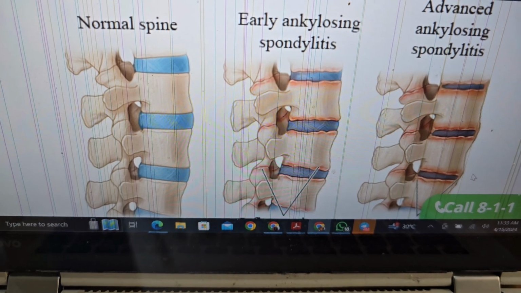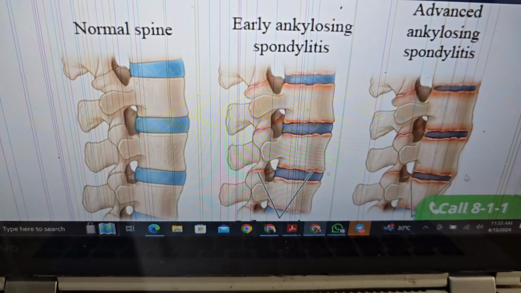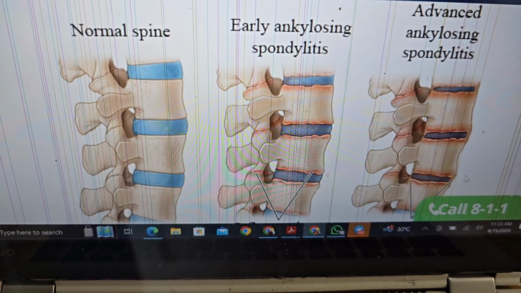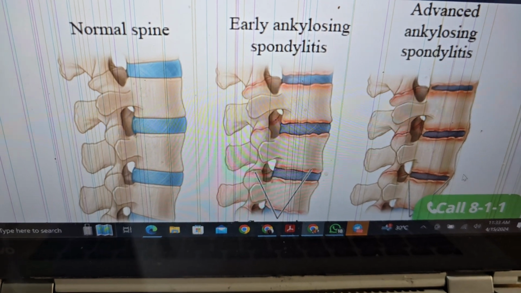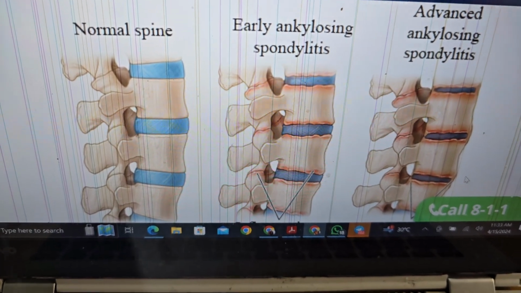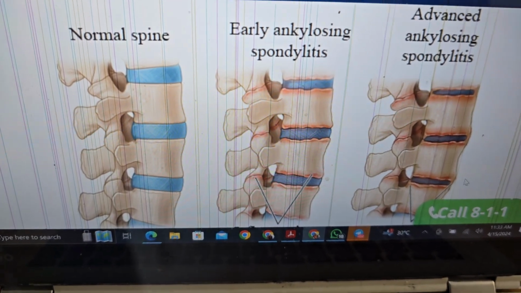Then when you are trying to deal with such a patient, everything is very clear in your mind: how the normal spine behaves, how early ankylosing spondylitis behaves, and how advanced ankylosing spondylitis behaves.